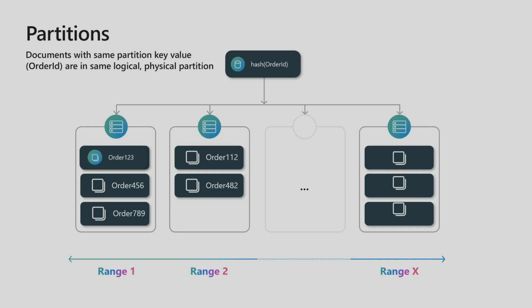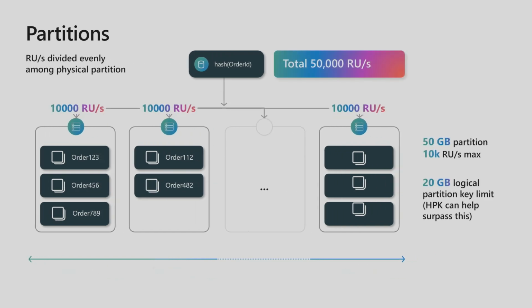There are some limitations when it comes to physical partitions and logical partitions as well. Like I said before, you always provision request units per second on your billable resource. You'll see here that we are provisioning around 50,000 RUs on this container. Once you tell us the performance that you're provisioning, Cosmos DB automatically sets up your physical partitions based off of that.